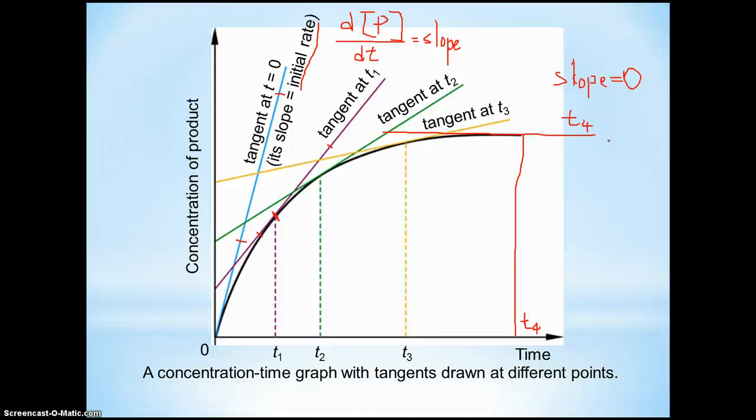We know how to calculate the average rates of a chemical reaction. We know how to calculate the initial rate by looking at the slope of the tangent line at time t equals 0, and we know how to calculate the instantaneous rate by calculating the slope of the tangent at a particular time t.